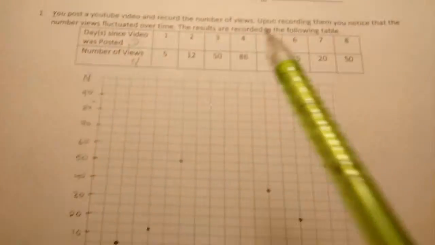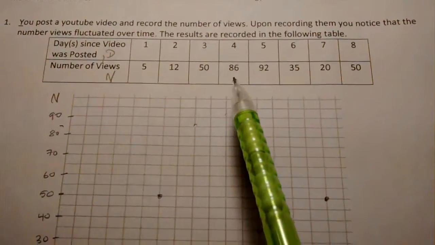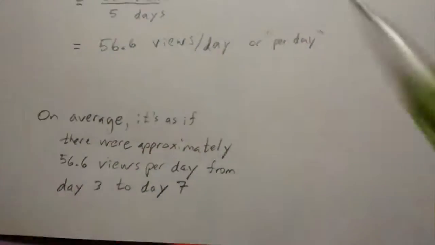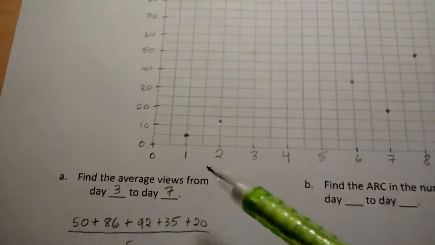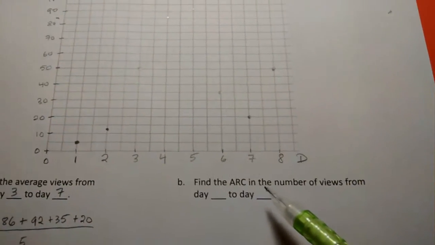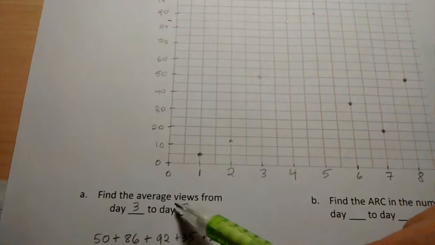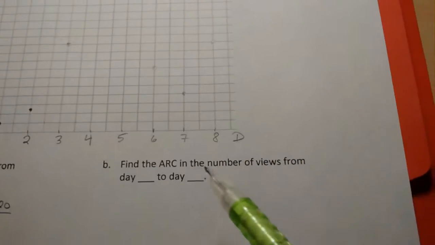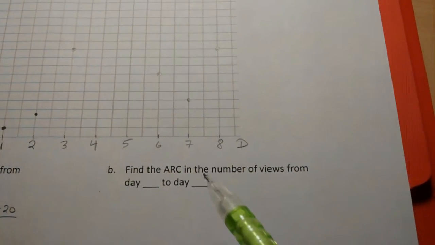So again, it's as if 56.6 viewed every day. That's the idea behind average, right there. But that's not what we're looking for. We're in this section looking for the average rate of change in the number of views, not the average views. They're two different creatures, and so in my next video I want us to look at this.